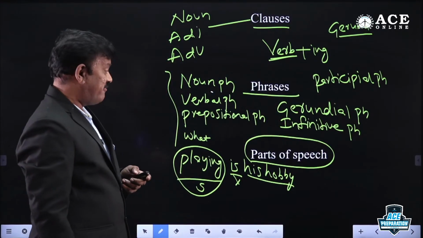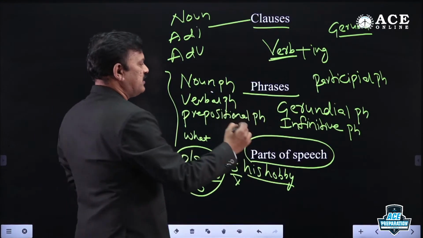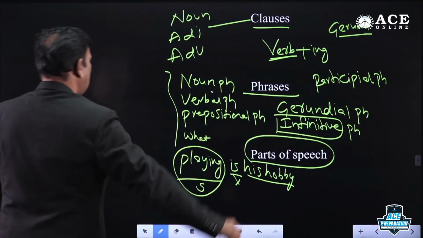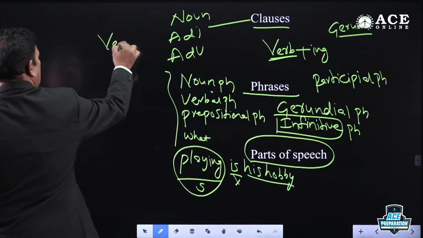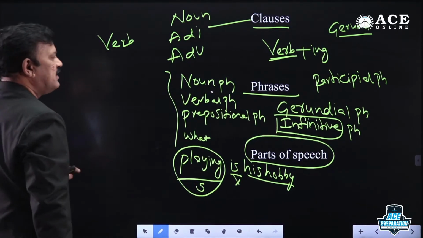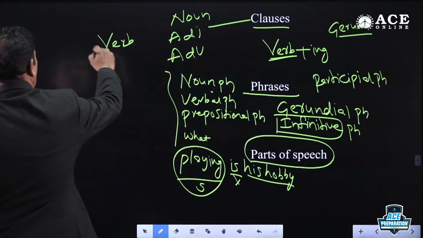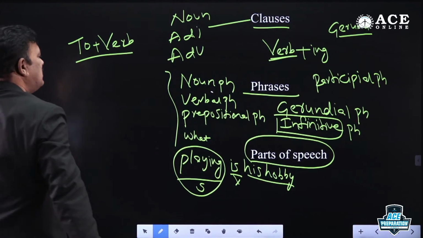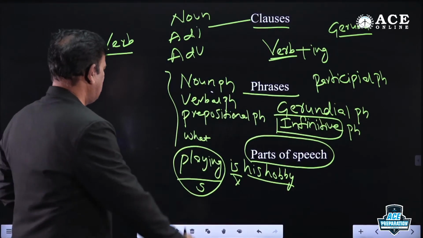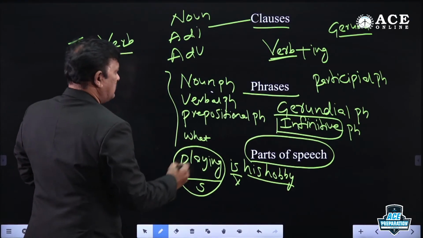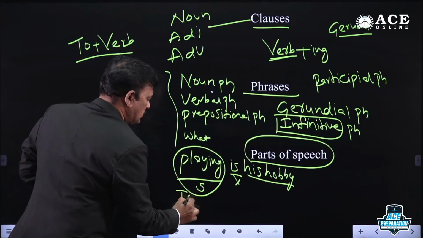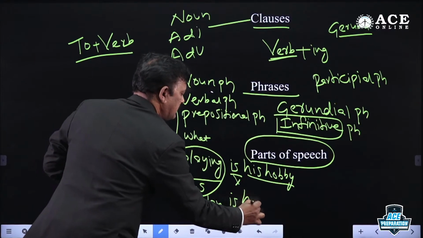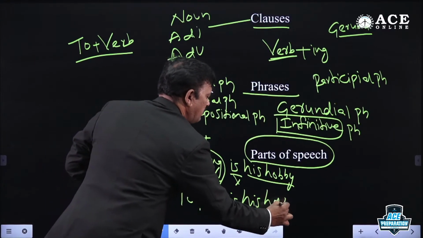Okay, fine. There is one more point. If I want to make our verb into a noun, there is one more option. Simply I put to, and I can use it just like this playing here. To play is his hobby.